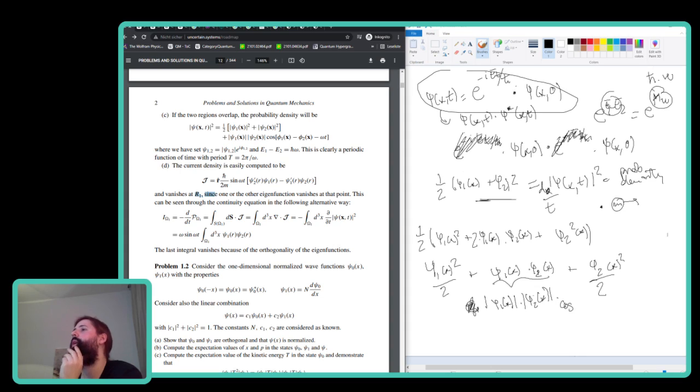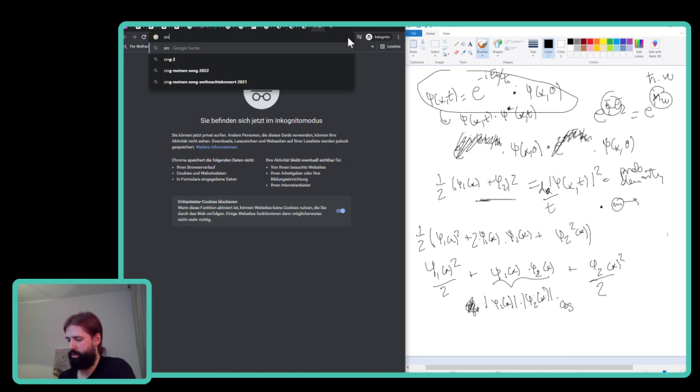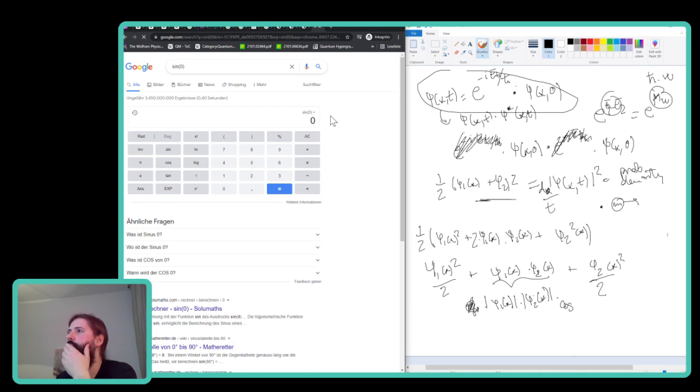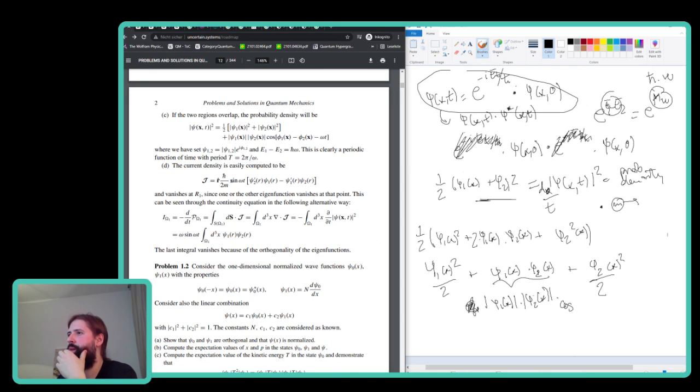Vanishes at R1. I get it. It's like what it says, whenever it's R1, one of these functions doesn't exist there, so it's kind of zero, right? And the sine of 0 is 0. Yeah, which makes sense, right? It means it vanishes.